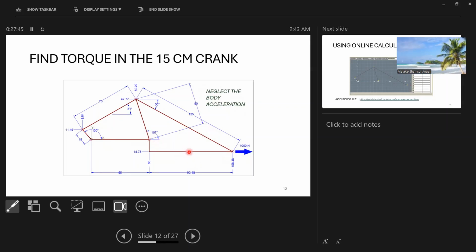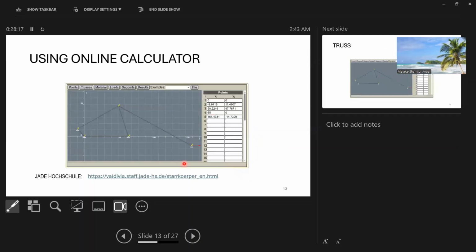However, in this discussion, we assume that this thing is initially stopped, not moving, and we want to start moving. So what is the amount of torque needed to overcome this 1,000 Newton? This one is moving this way, so this slider over here will be pulling against this 1,000 Newton.